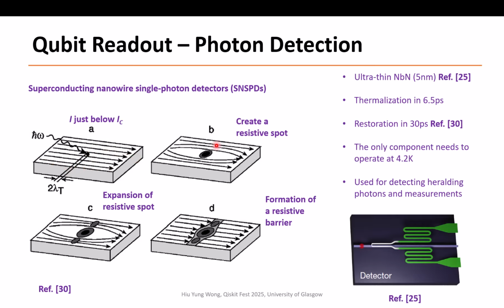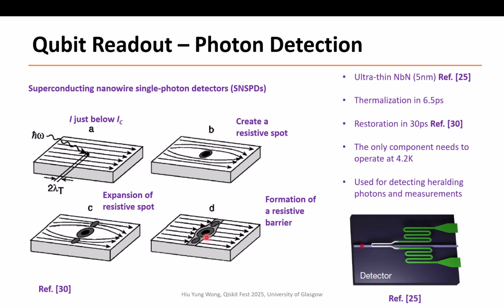When a photon strikes this superconductor, it will generate an electron-hole pair, and at that part you have something called quasi-particles. They are no longer Cooper pairs for the superconductor. And then they will have some effect and become resistive, then the current will be crowded next to it, and then you will exceed the critical current.